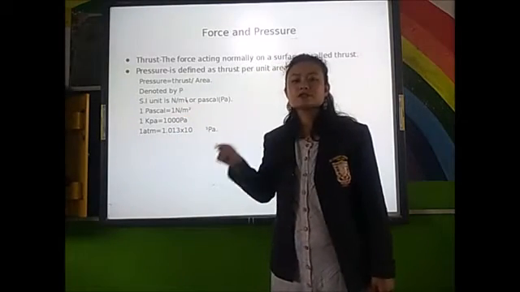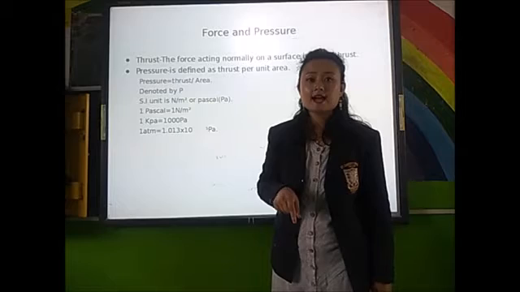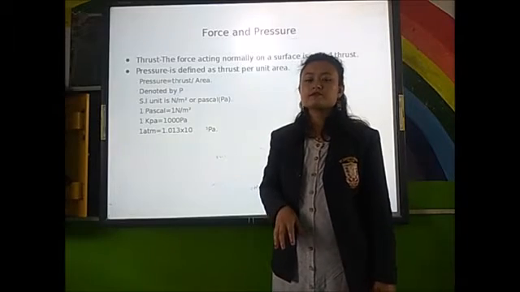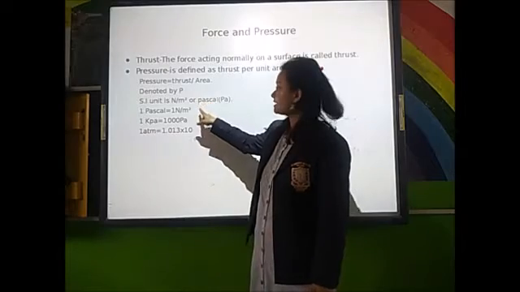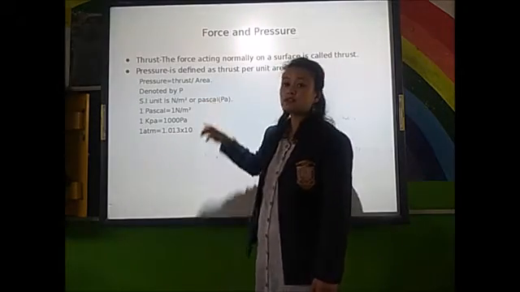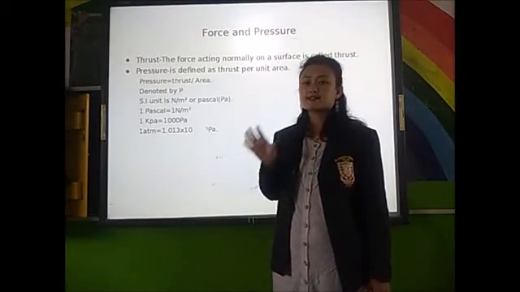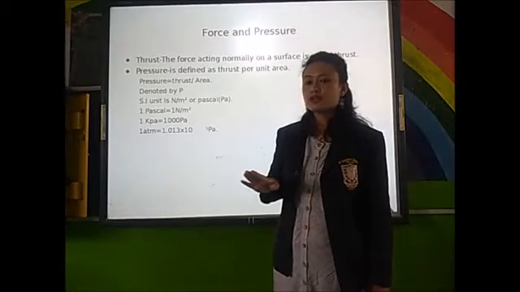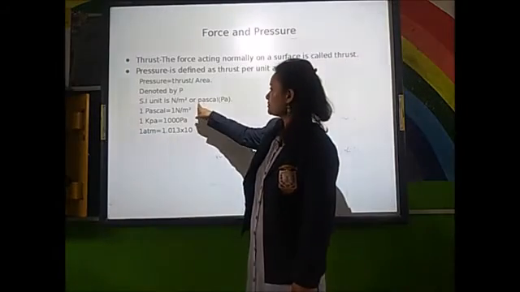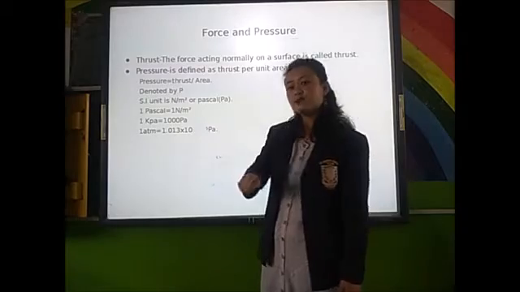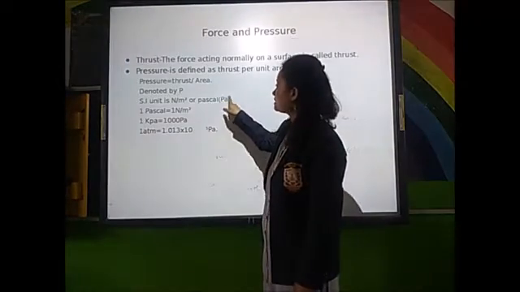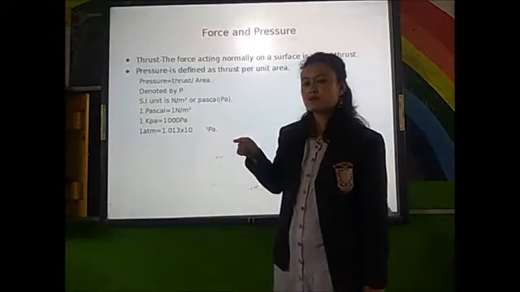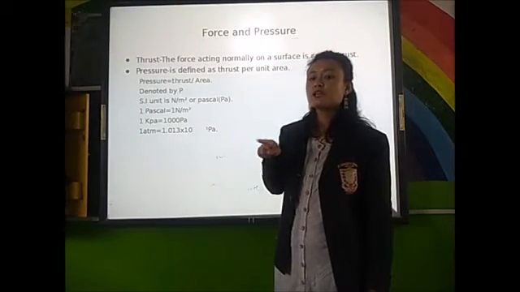And instead of Newton per square meter, you can also write it as Pascal, named after the scientist Blaise Pascal. When the name of the scientist is taken as a unit, you don't write it in capital, you write in small, P-A-S-C-A-L, and it is symbolized with capital P small a. You don't write P as Pascal, it's symbolized as Pa.